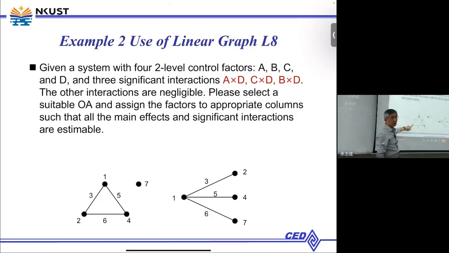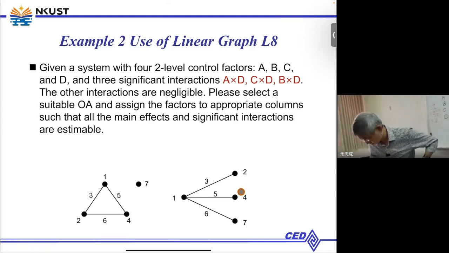If you assign factor D to any of the dots in the first linear graph, you will find that you can only assign 2 interactions with factor D. The third interaction has no place to fit. So you need to select the second linear graph. From here, D should be assigned first.